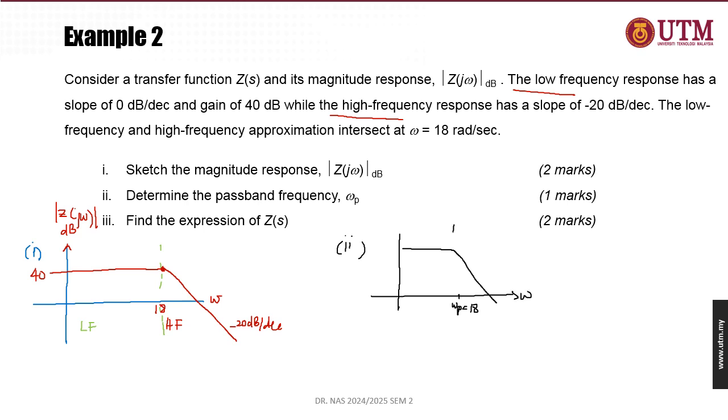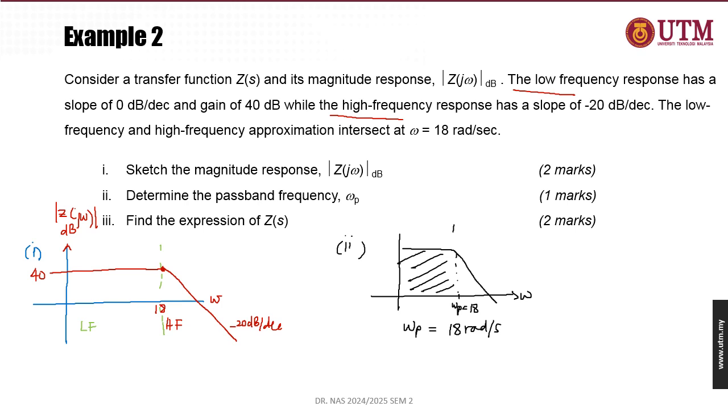Okay, the passband frequency is the area where the signal will be filtered in. Okay, the rest will be filtered out. So in this case, omega p, the passband frequency, equal to 18 radian per second. This is the maximum frequency that will be allowable or accepted in the system.